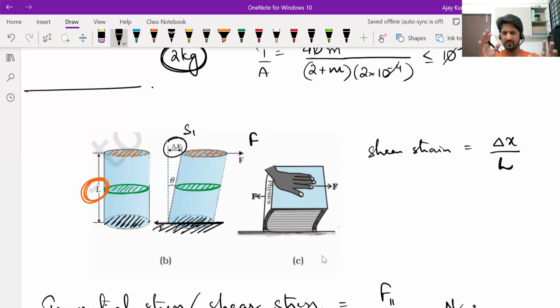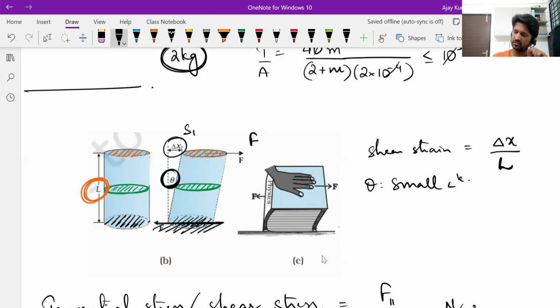Okay. Now see, if it's a solid object, this deformation will be very small. It will happen, but it will be a very small deformation. So the angle theta that you see here is going to be a small angle. Okay.